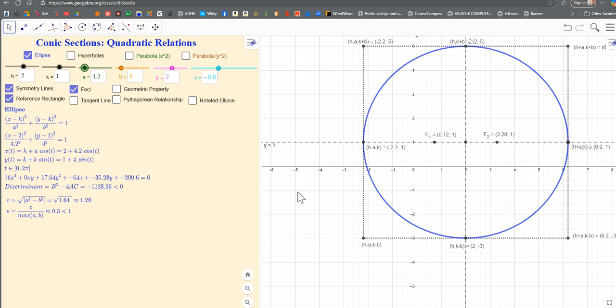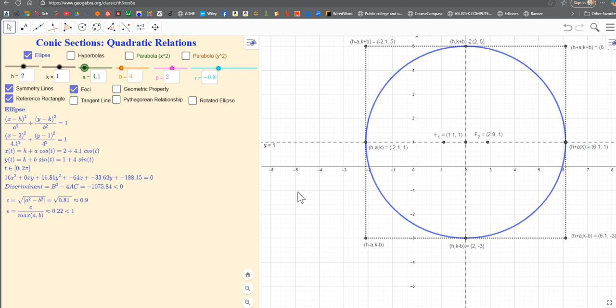The closer we let a and b get to being the same, the closer these 2 foci get to the center. The c gets close to 0, and the thing looks more and more like a circle. Let me go ahead and put something real small, 4.001.